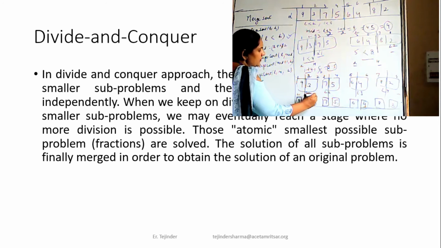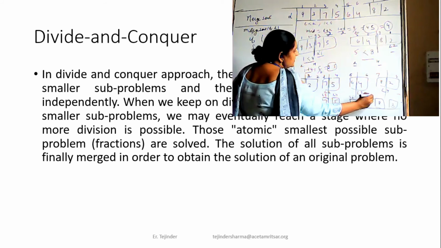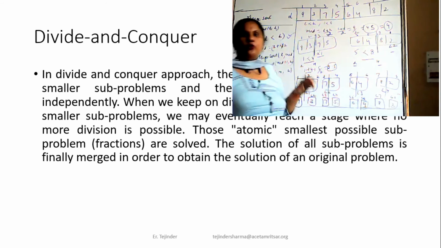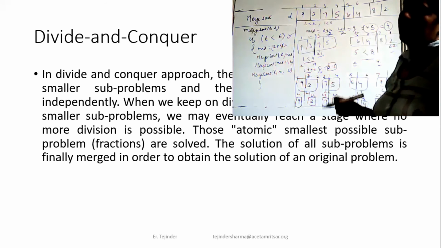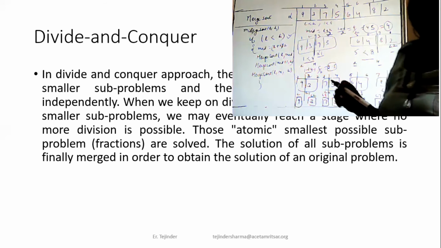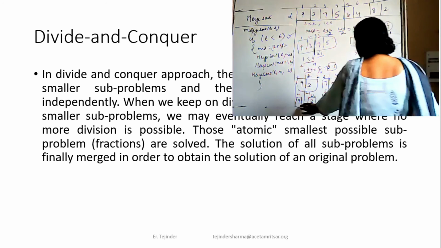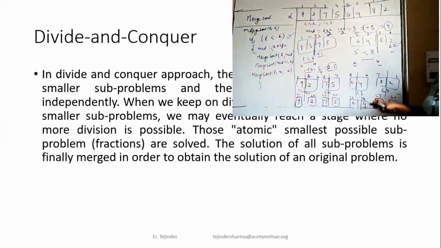Now, divide and conquer, which I've shown you in the first PPT, means that we have to keep on dividing into smaller subproblems until we reach a stage where no more division is possible, or you reach atomicity. So these are the atomic elements now. There is no more division possible on the individual elements.